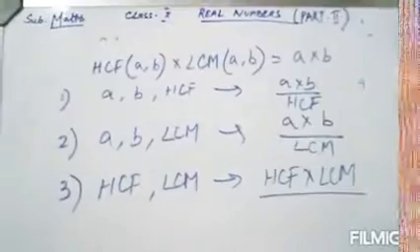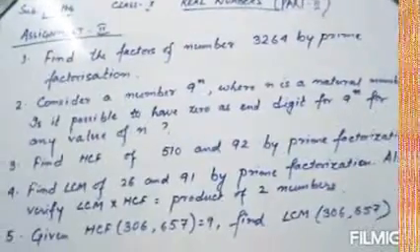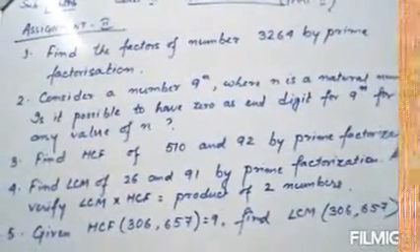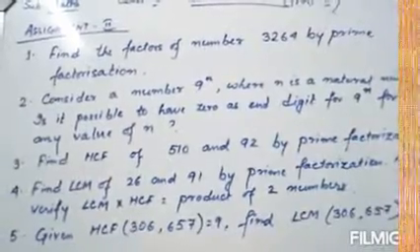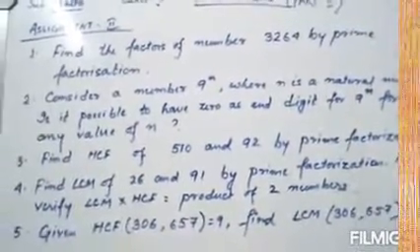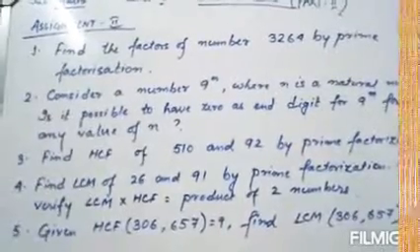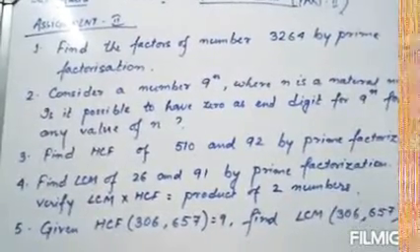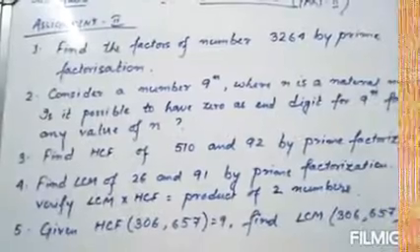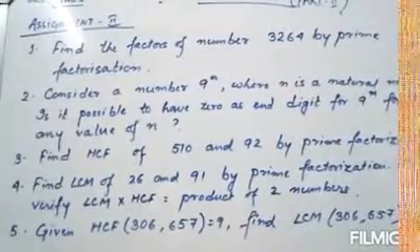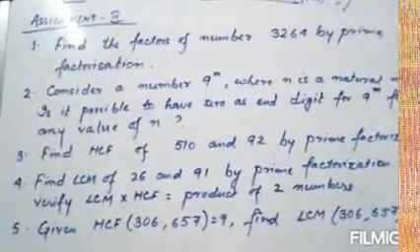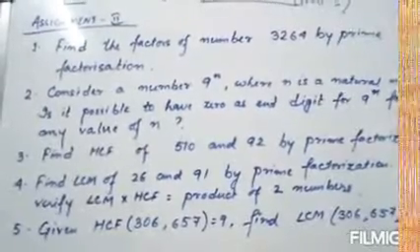Okay, so thus we come to the end of today's lecture session, and at the end I have given you one assignment. This is assignment number 2. I have given 5 questions. I am reading them out. Find the factors of the number 3264 by the prime factorization method. Question number 2.